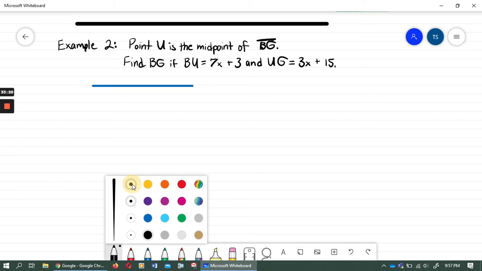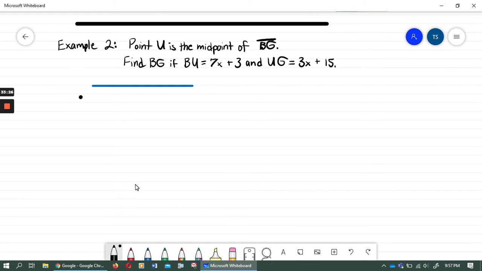Let's put a point there, any point, it doesn't matter. You've got segment BG where the two endpoints are B and G. Close enough, good enough.